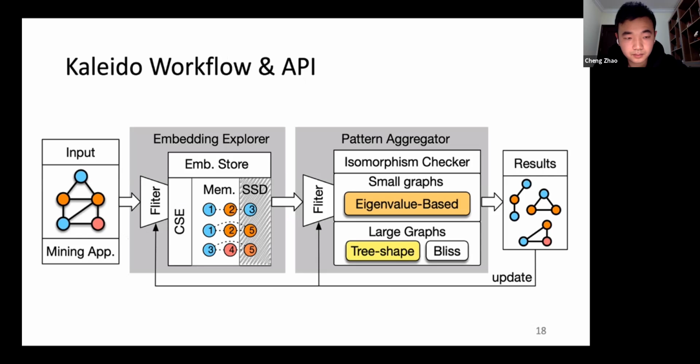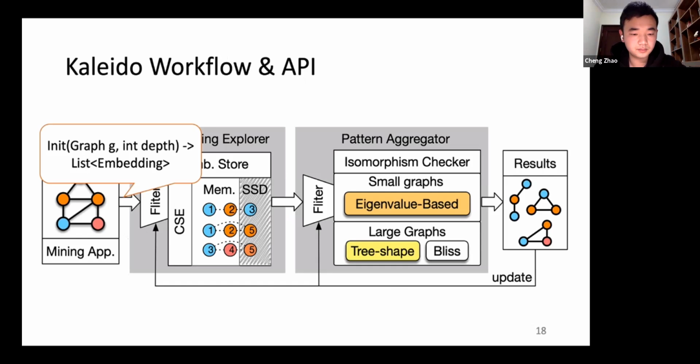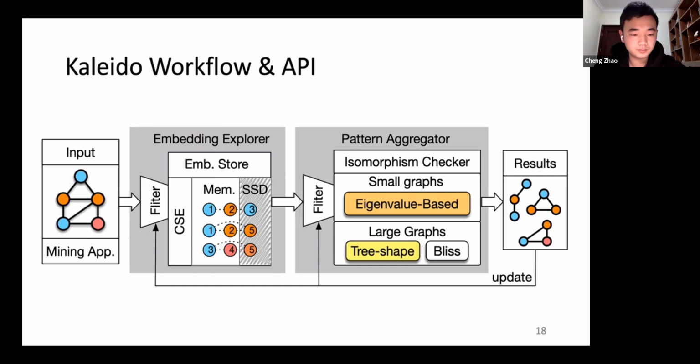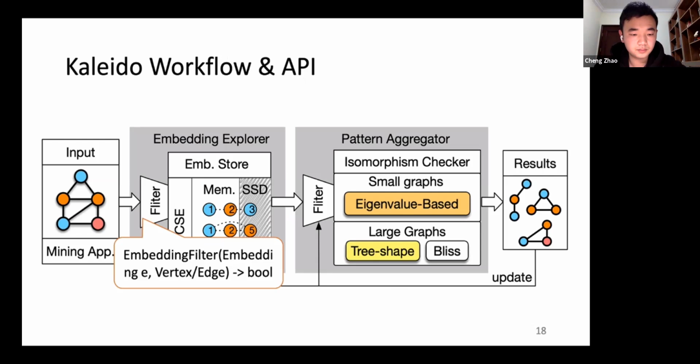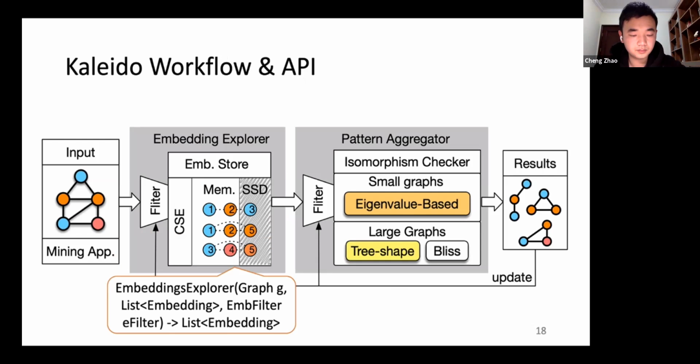Okay, let's review the workflow of Kaleido. First, initiate the tasks: define the exploration depth and the embedding filter, which prunes illegal embeddings. Then explore and compress embeddings.